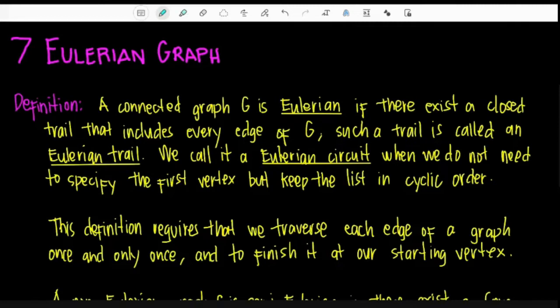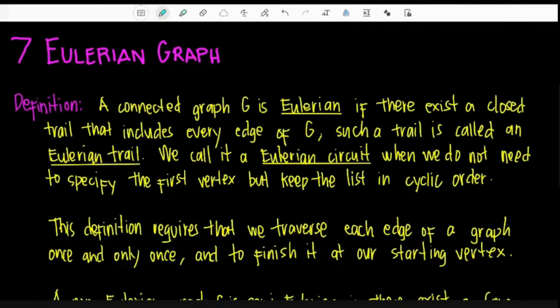Now, the definition of an Eulerian graph requires that we traverse each edge of a graph one and only once, and to finish it at our starting point.